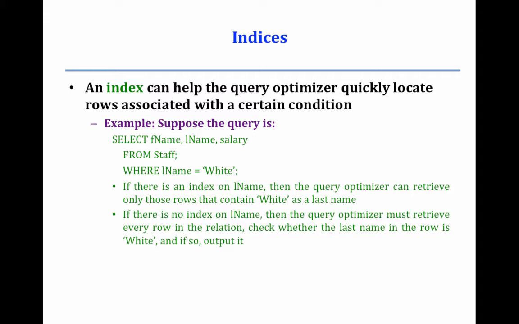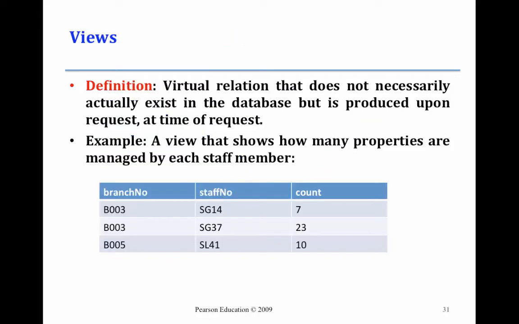In this case, if we put an index on the last name and that index pointed to the blocks on disk where the different last names existed, you would only have to retrieve one block from disk rather than many blocks. So indices can definitely save you time. We won't worry about them now. We'll worry about them in a couple weeks. So we won't worry about index creation just now.